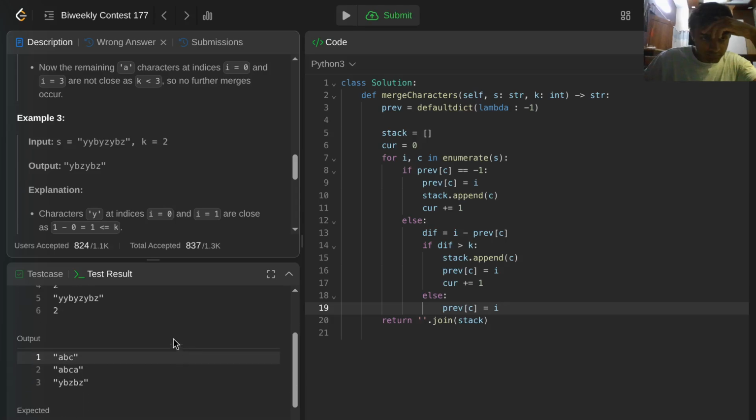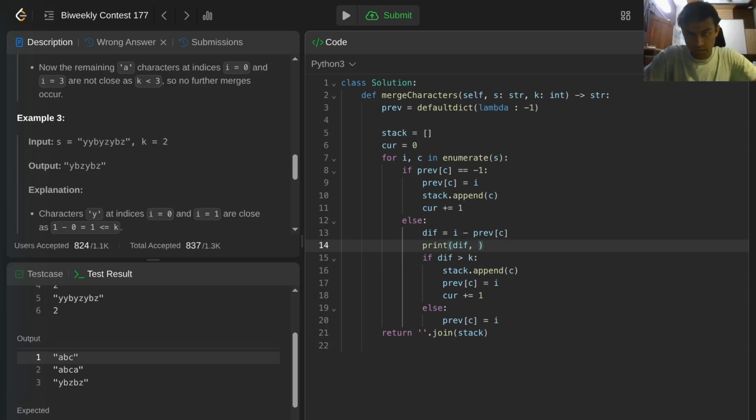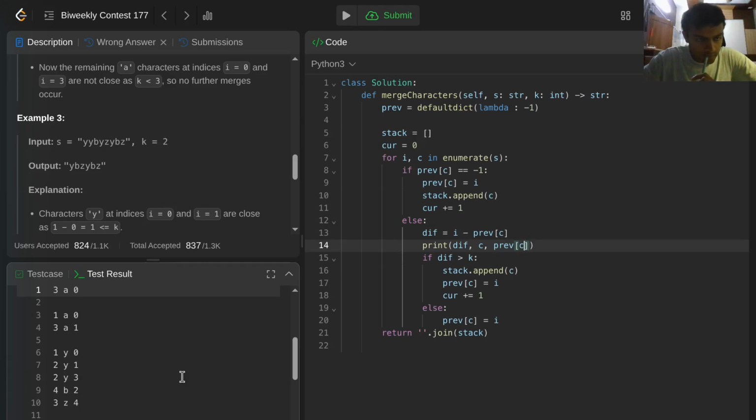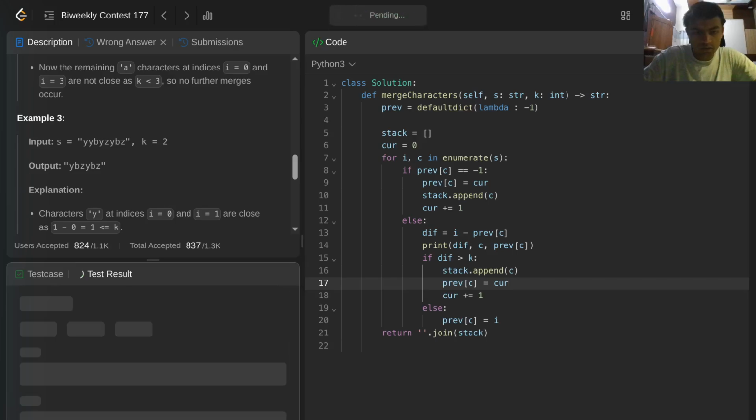Okay, so if diff minus previous. I think it should be current itself. Maybe that was the mistake.